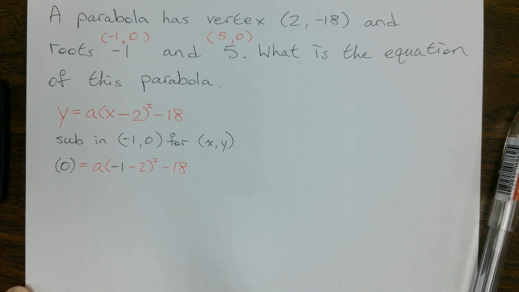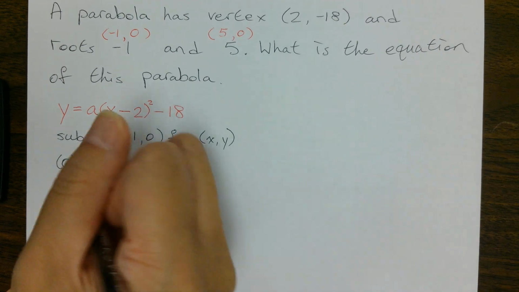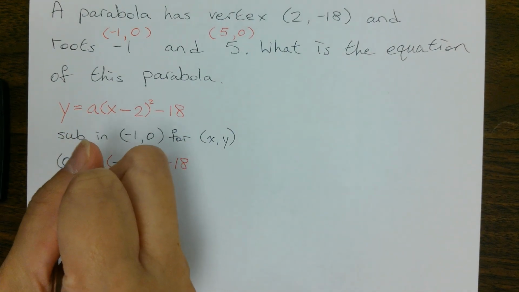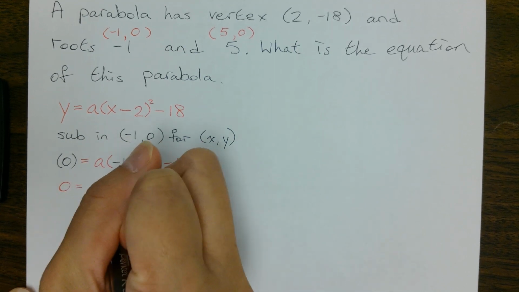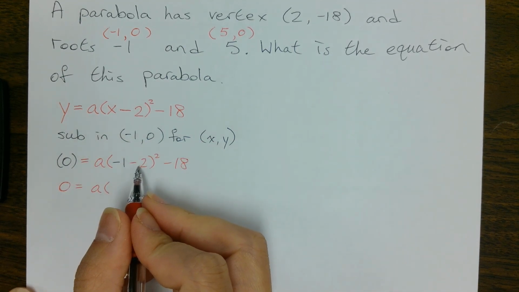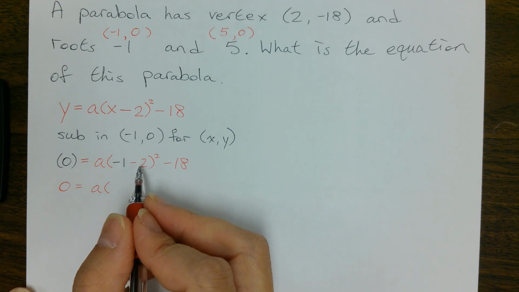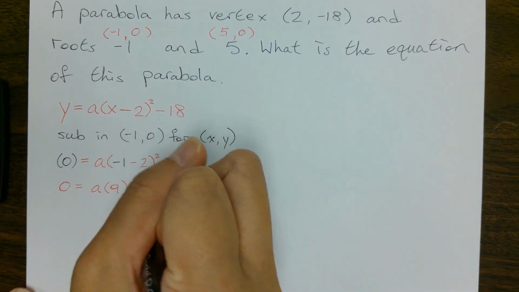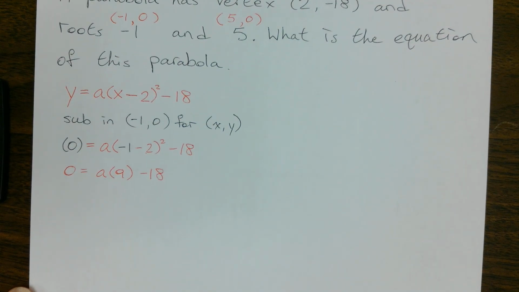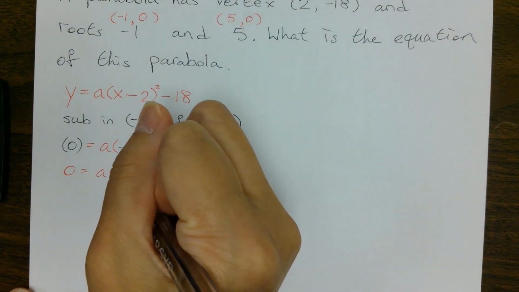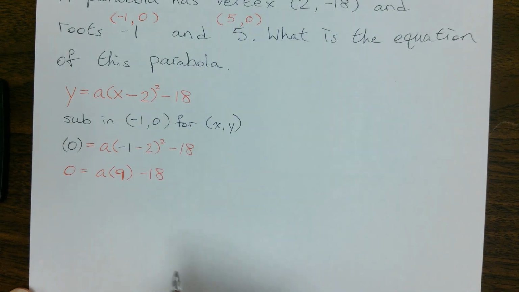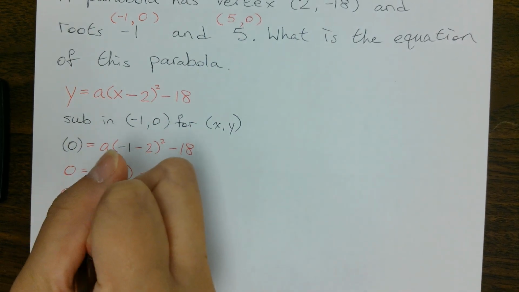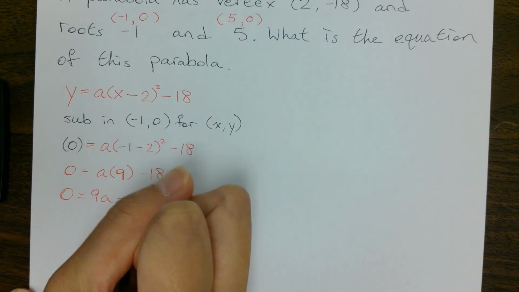Okay. Let's continue solving. So 0 equals negative 1 subtract 2, negative 3, square it, 9. Okay, let me rewrite that so that it looks a little neater. So 0 equals 9a minus 18.